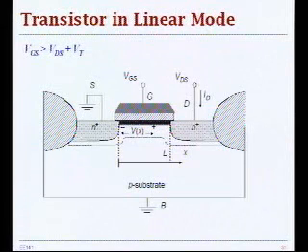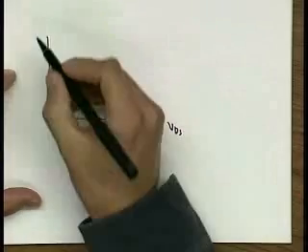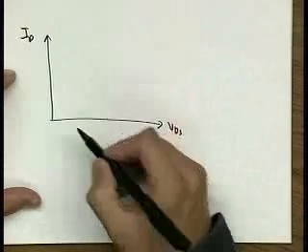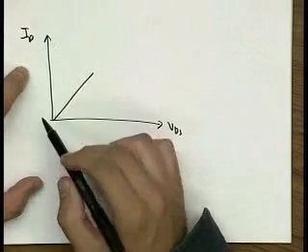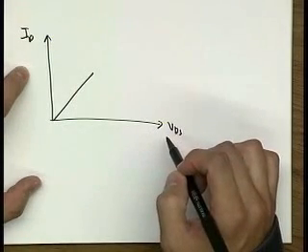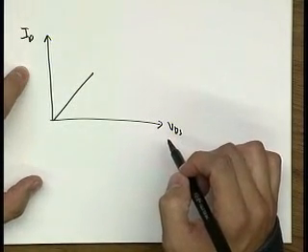So this is really like transistor can be analyzed as a resistor. So going to the overhead here, so you basically have VDS and ID, and then you have this linear mode. Your current increases proportionally to the voltage applied across drain and source.